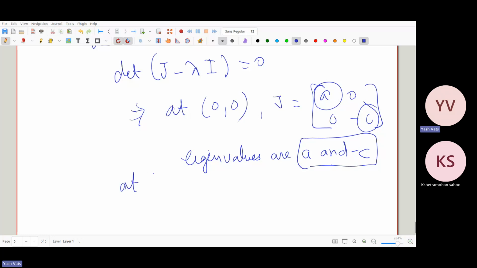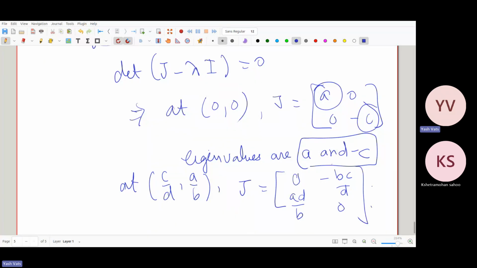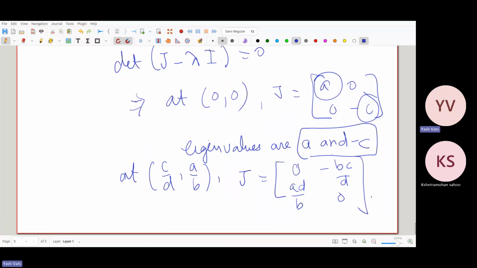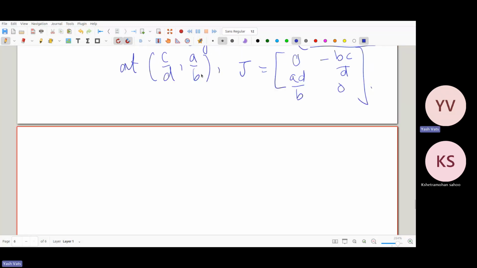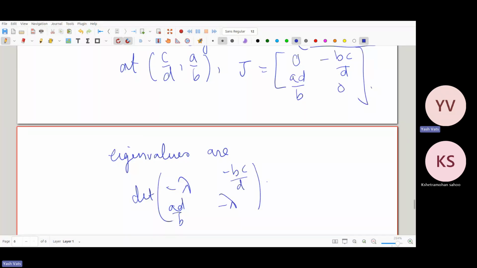At (c/d, a/b), J is [0, -bc/d; ad/b, 0]. You can find that. In this case, you solve the determinant of J minus lambda I: minus lambda, determinant of this, ad/b and -bc/d, equals 0.